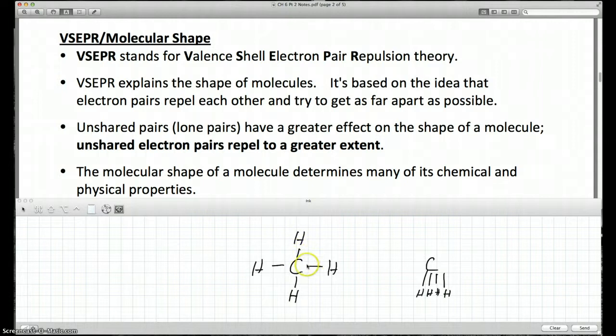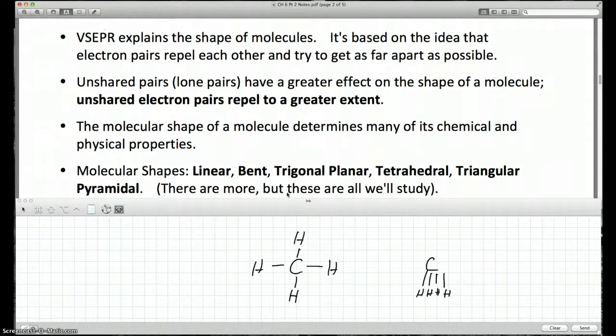Electrons being all like charges, they repel. So this pair of electrons wants to be as far away from this pair of electrons as it can be, and it goes for all of them. So what it does is it determines the shape of the molecule. So VSEPR explains the shape of the molecules. It's based on the idea that electron pairs repel each other and try to get as far as possible.